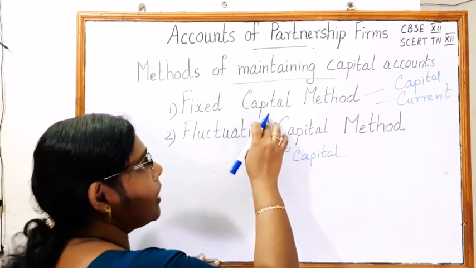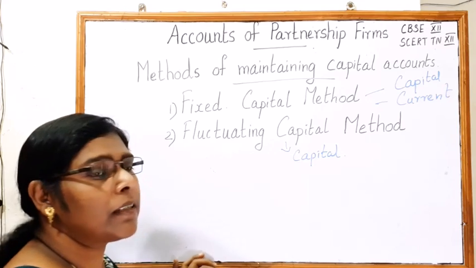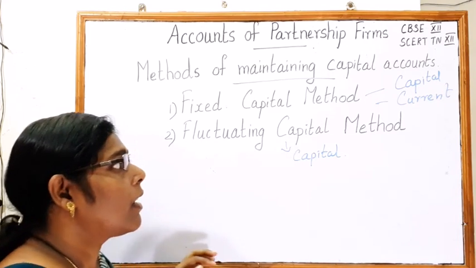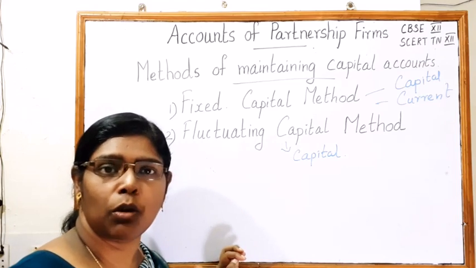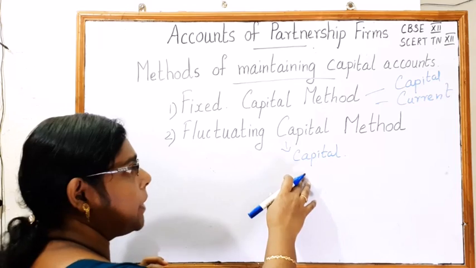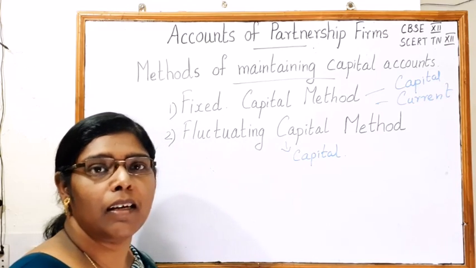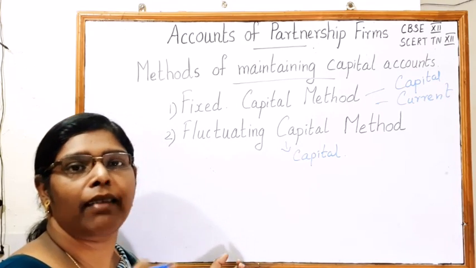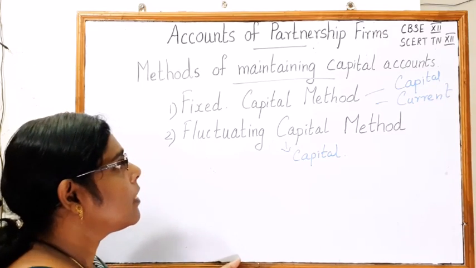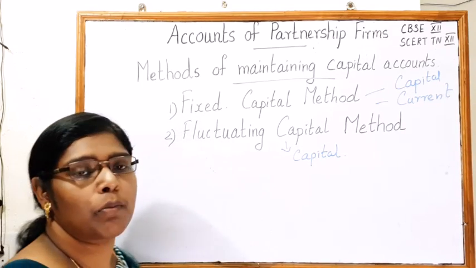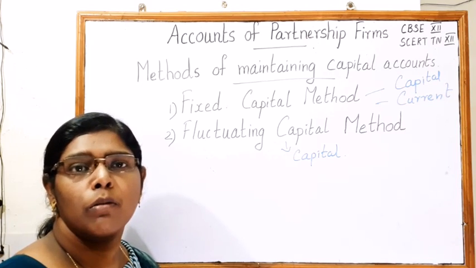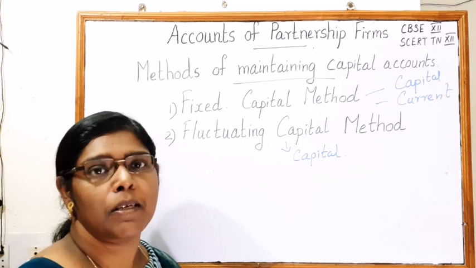In the fixed capital method, capital account will always show a credit balance, but current account may show a credit or a debit balance. The capital account in the fluctuating method will show either a credit or a debit balance. So this is how it works out. We'll do some problems so that we'll be able to understand the concept more.